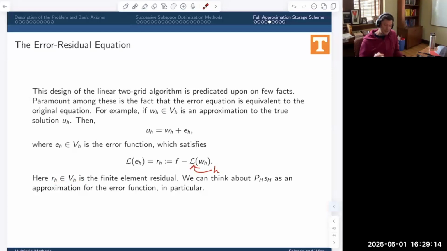And we can think about, in the two-grid algorithm, this key component here, PHSH, that's the coarse grid correction. That's an approximation for the error function. That's an approximation for EH. And basically everything works because we have this linear operator, and the error residual equation is completely equivalent to the original thing.